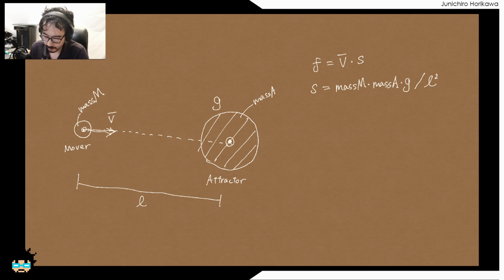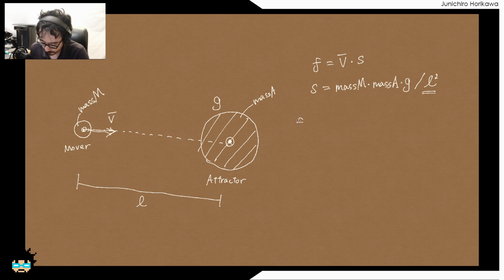The force is going to decrease with a longer distance, which happens when you divide by the power of 2 of L. And this is the simple form of how you can estimate the attractor force going from the mover to the attractor object.